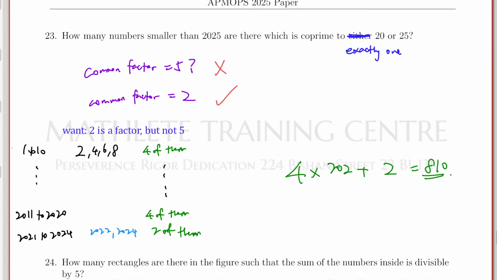If it's coprime to 20 already, then it is coprime to 25 by default, because if it doesn't share a factor of 5, then of course it is coprime to 25. So if it's coprime to either 20 or 25, then it's coprime to 20 already. Does that make sense? I think they set the question very badly if they use the word either.